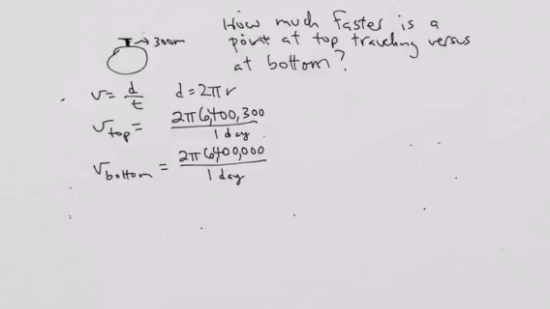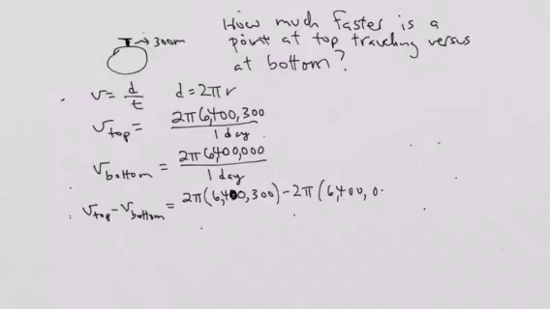The question is, how much more is one than the other? So I'm going to write V top minus V bottom. That's the question we're trying to answer. That's equal to 2 pi times 6,400,300 minus 2 pi times 6,400.